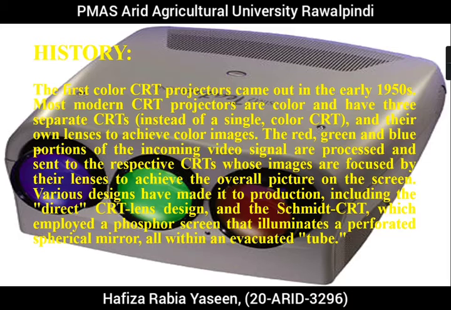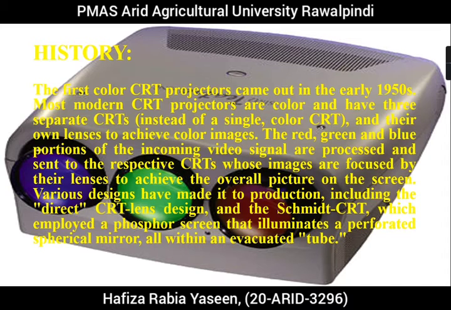History. The first color CRT projector came out in the early 1950s. Most modern CRT projectors are color and have 3 separate CRTs instead of a single color CRT, and their own lenses to achieve color images.